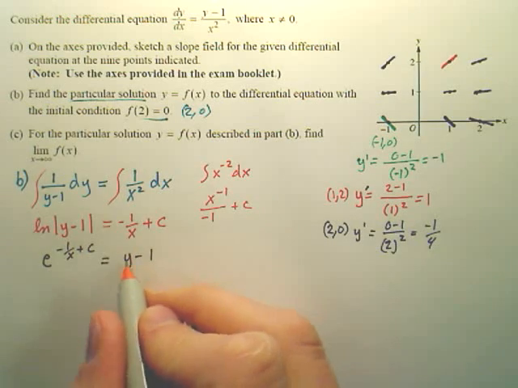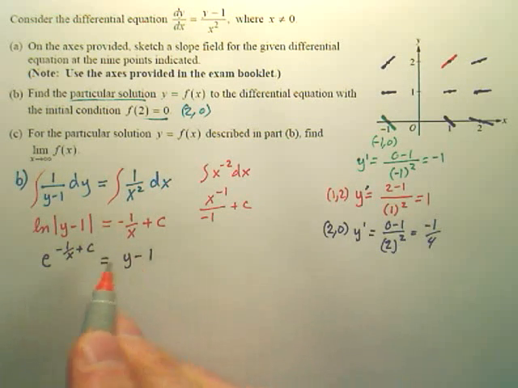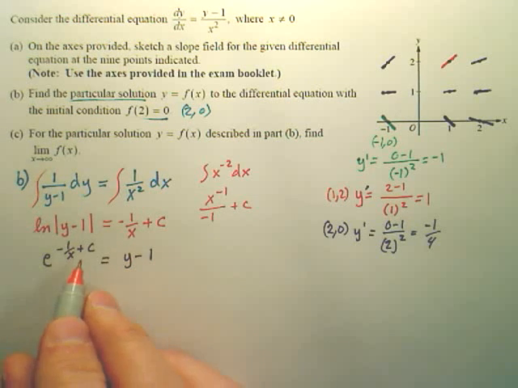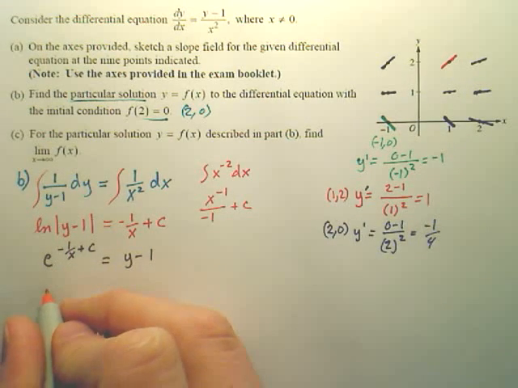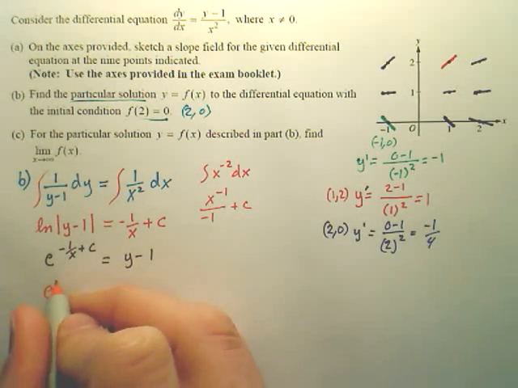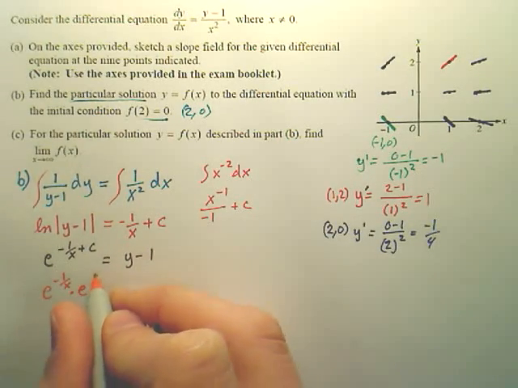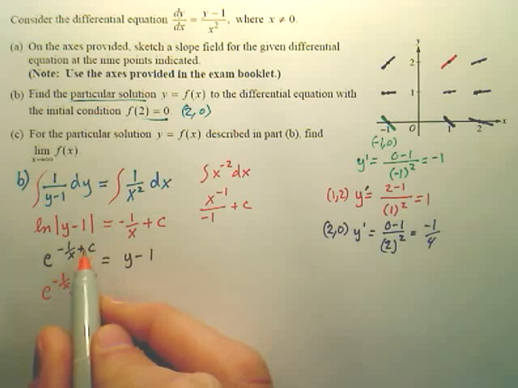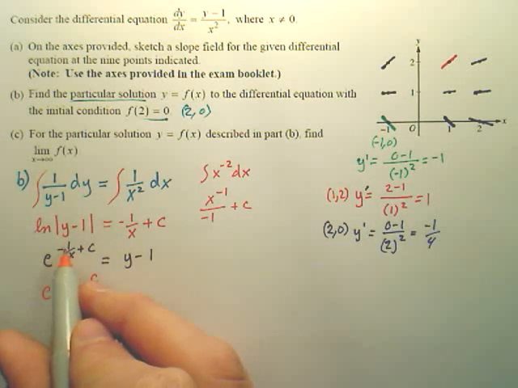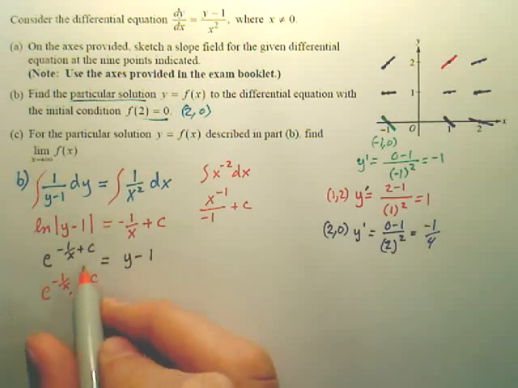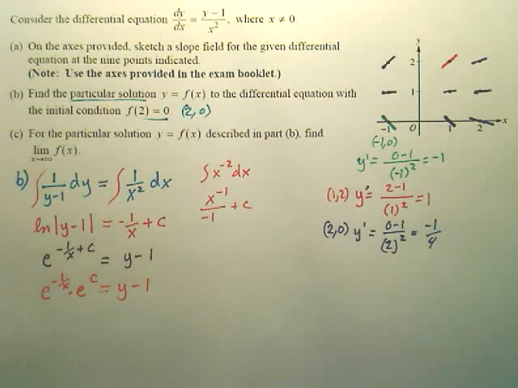And if I want to solve this now, I want to get y by itself, and also this plus c, I can change this. It's kind of weird for people, but you can have e to the negative 1 over x times e to the c. Remember, when you have a plus c up here as an exponent, you can separate it into e to the negative 1 over x times e to the c equals y minus 1.